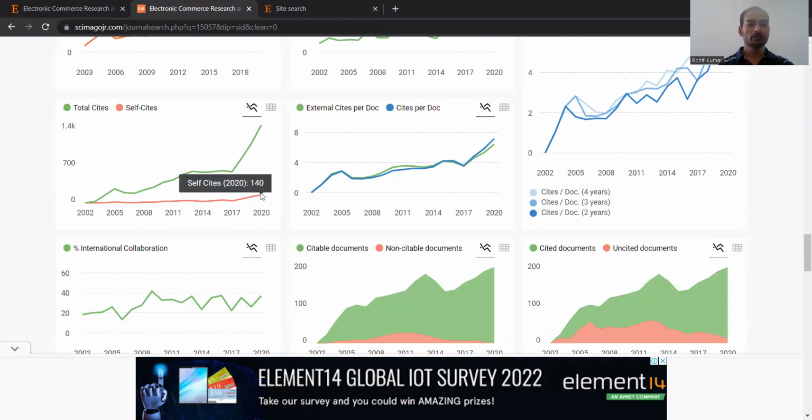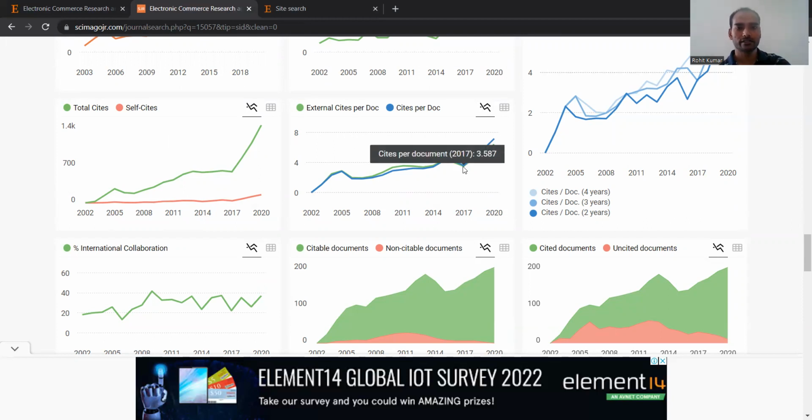With respect to 2020 also, 140 self-citations are there, but you can see the number of citations is very good. So this gap is very large in comparison to this one. Obviously, overall it's performing better with respect to self-citation in comparison to previous years. Now the external citations. Here you can see the external citation in 2017.